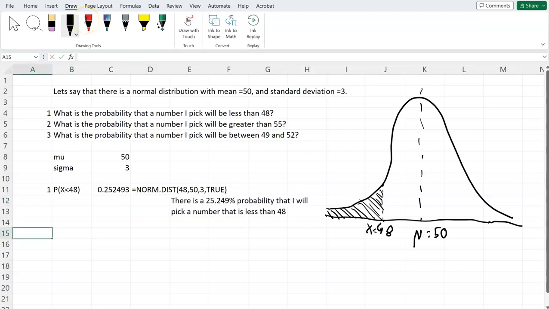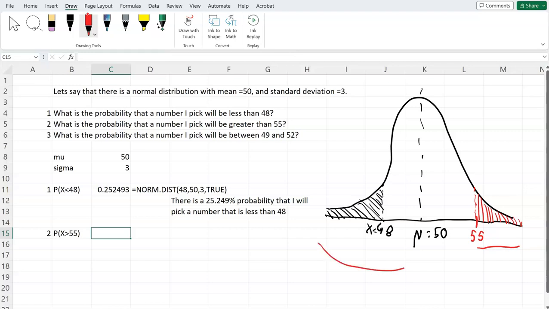Now for the second one, what is the probability that x is greater than 55? If I draw the graph, it's going to be here, as I said a few moments ago. So it's going to be this region. Now Excel does not really find this region, but we know that the total probability equals 1.